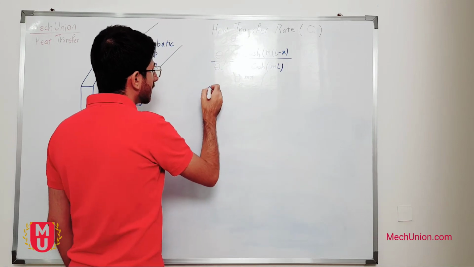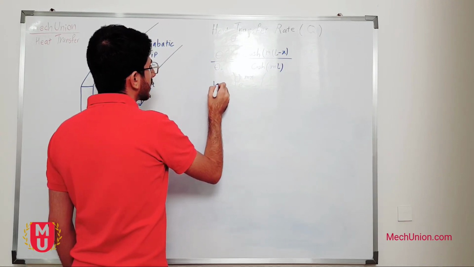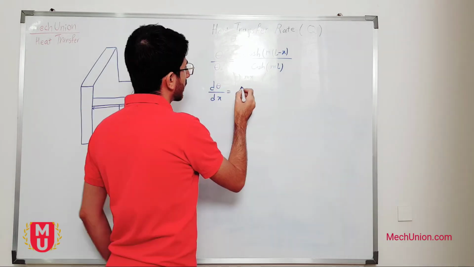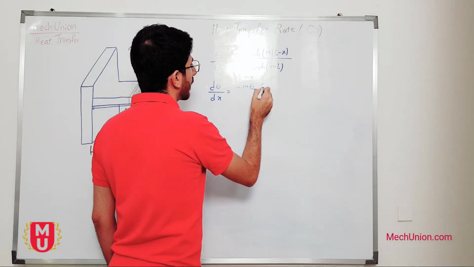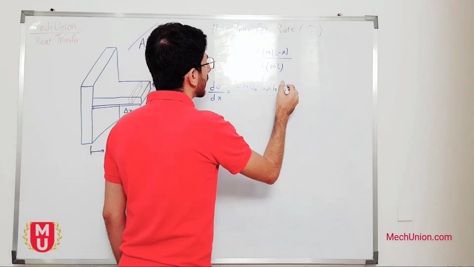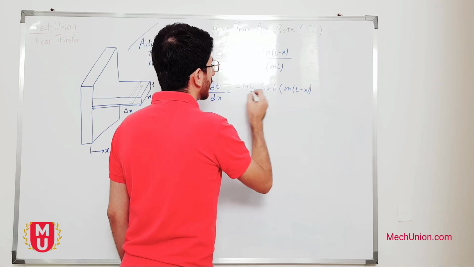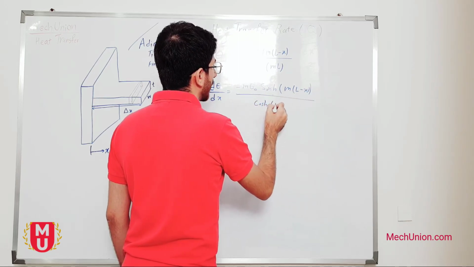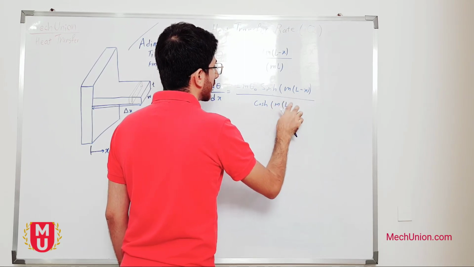We should differentiate theta with respect to x. d theta over dx equals minus m theta naught hyperbolic sine of m times L minus x over hyperbolic cosine of ml.